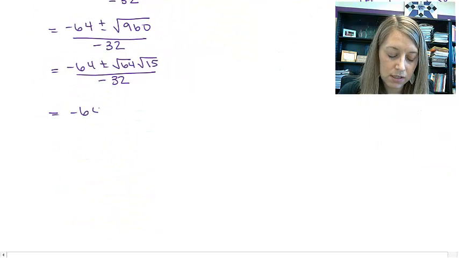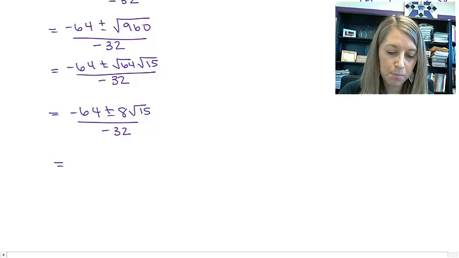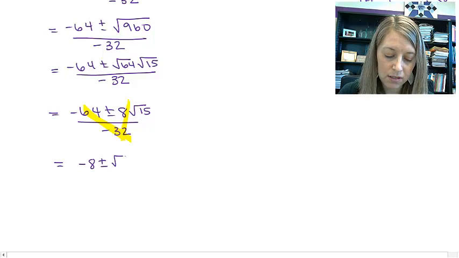Gives me negative 64 plus or minus 8 root 15, all over negative 32. And to simplify this, let me simplify everything by, let's see, 8 goes into it. So negative 64 gives me negative 8. This 8 divided by itself cancels to give me 1. And negative 32 divided by 8 gives me negative 4.